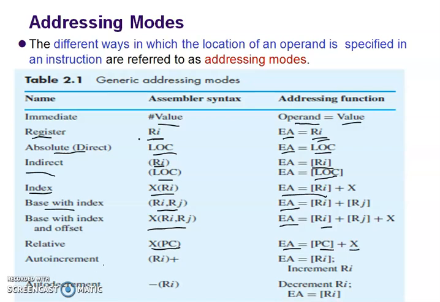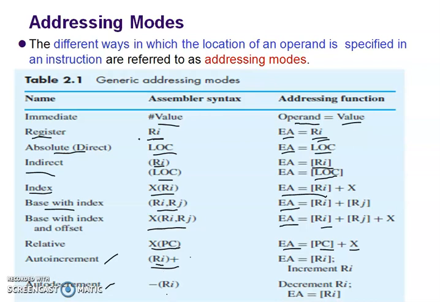Then lastly comes auto increment and auto decrement addressing mode, where in case of auto increment the notation is given as Ri plus. So in this case the effective address will be the content of Ri, and the operation performed is that first the effective address will be taken and then the address is incremented by the bytes used to represent the word.